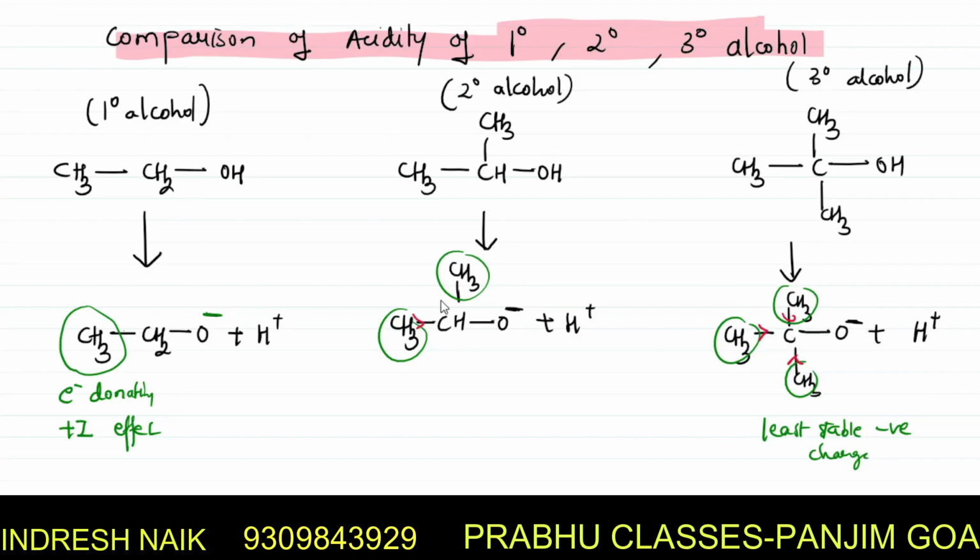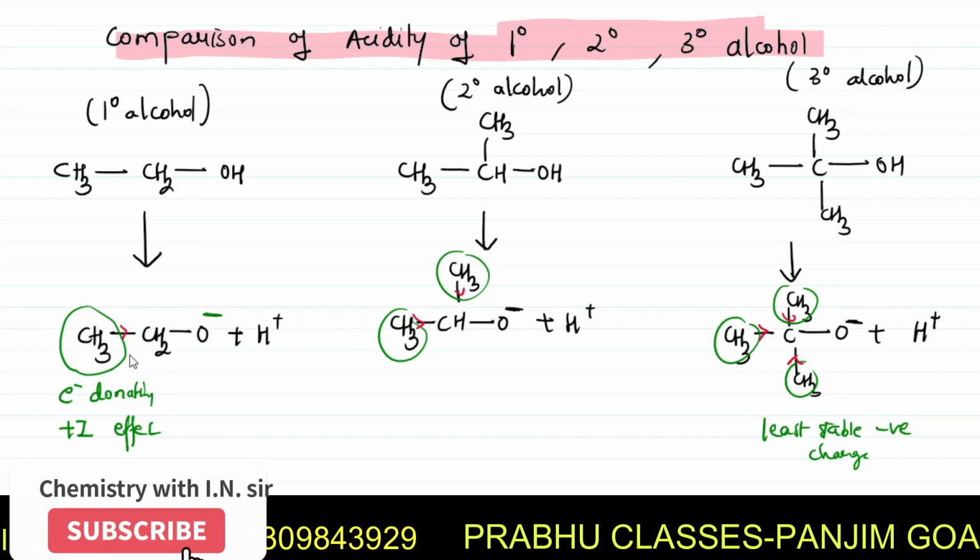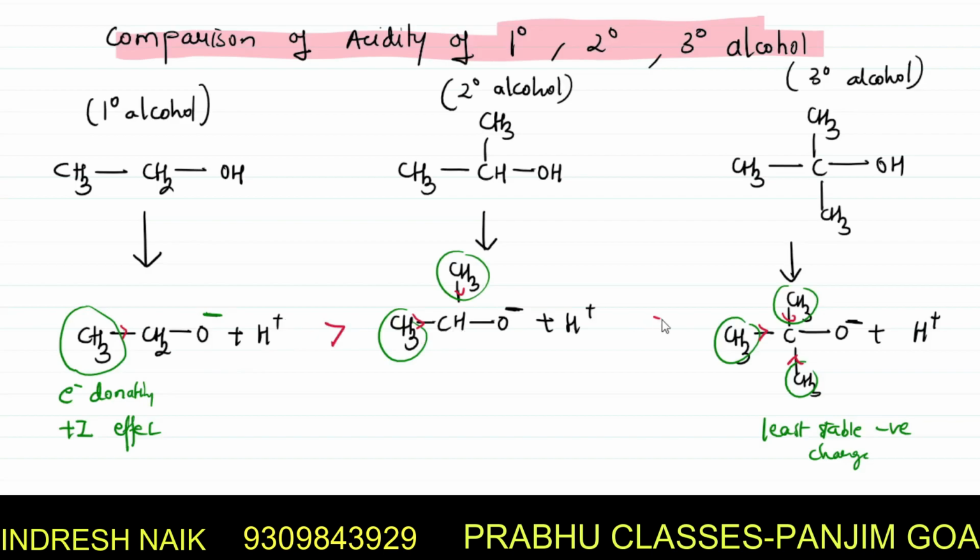Here also it is happening, but here there are just two groups, and here there is just one group. So which is the more stable anion in this case? It is this, and the least stable is this. In which case will hydrogen leave very easily? In which case the anion is more stable, in that case hydrogen will leave very easily.